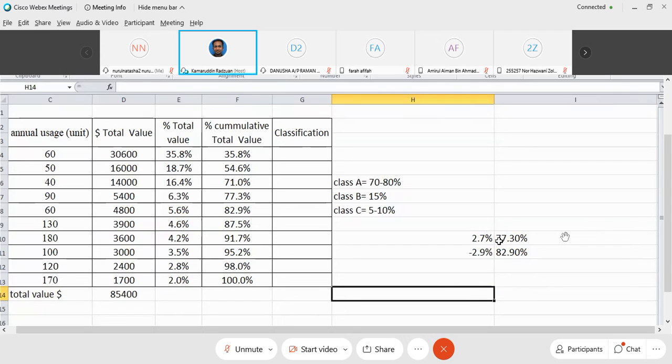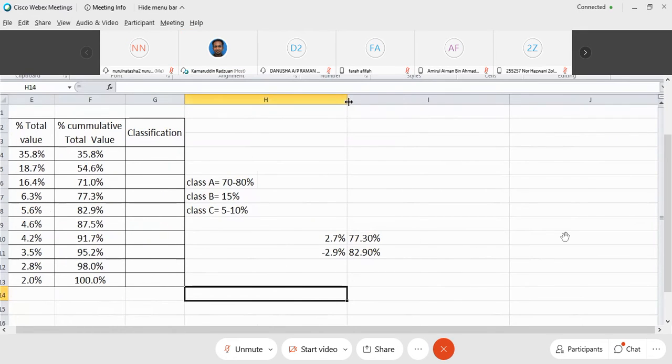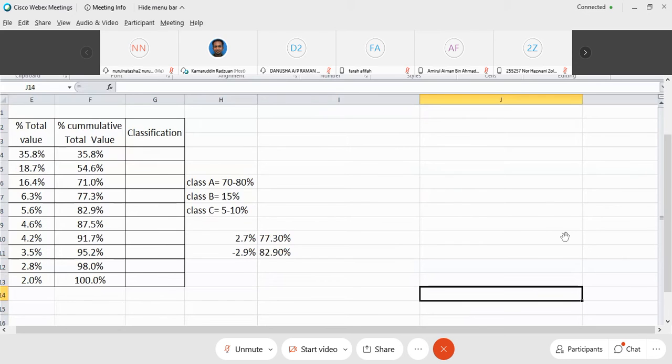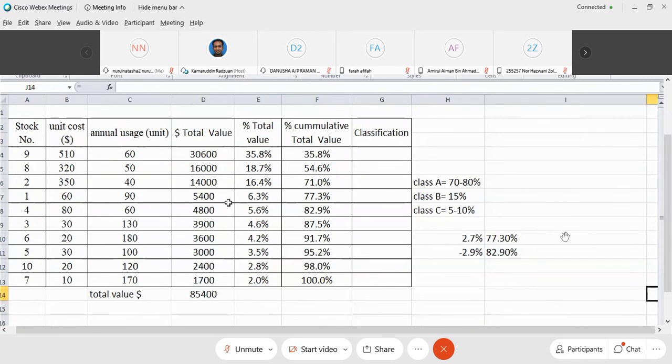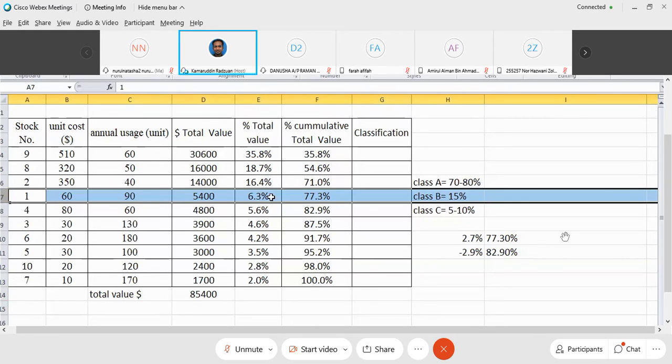The difference between 77.3% and 82.9%, based on this answer, we knew that part number 1 is more approximate to the 80% of total value for class A item.